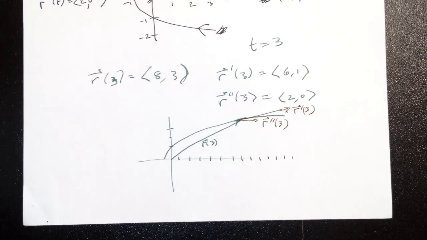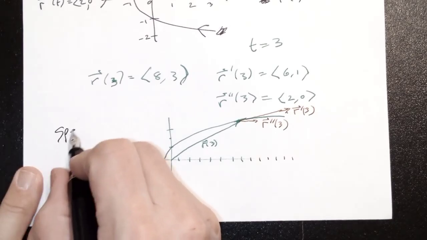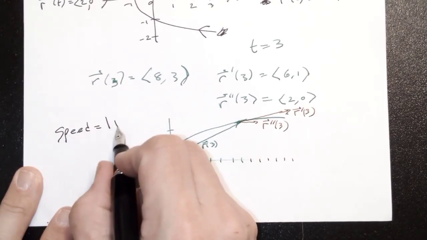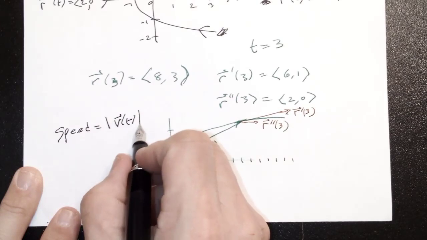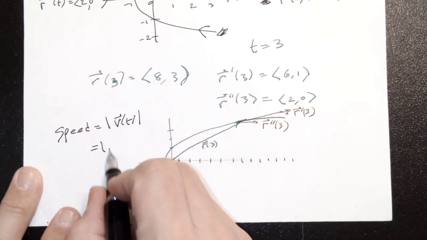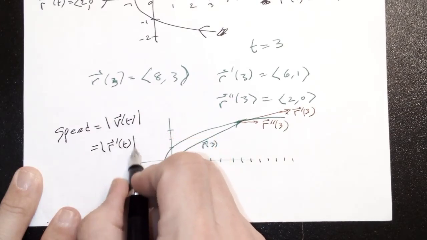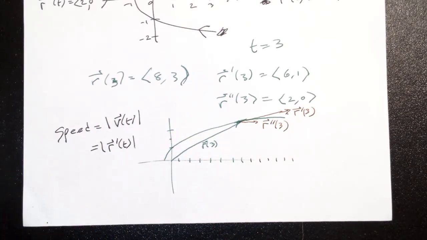How do I get a scalar out of a vector? Oh, I take the length.